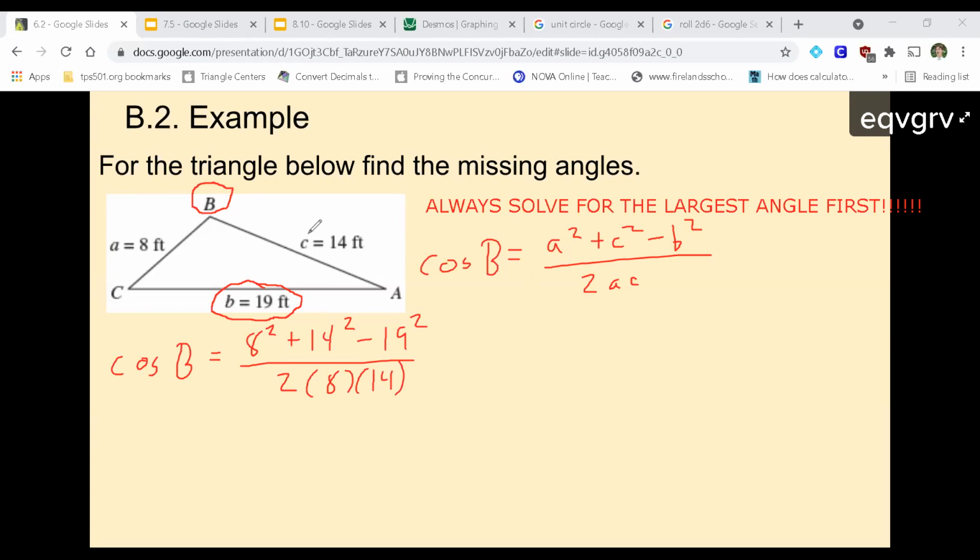Type that into the calculator. You normally will skip this step, but I'm going to do it to show you something. Type that into the calculator, and you get about negative 0.451.